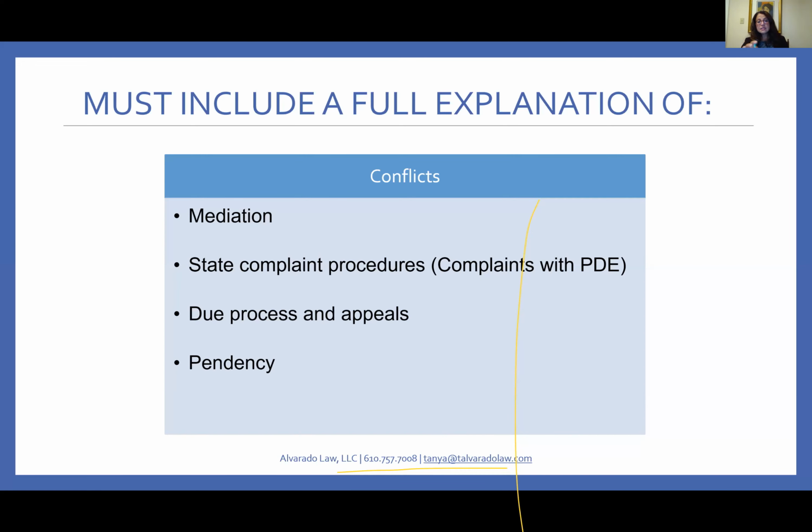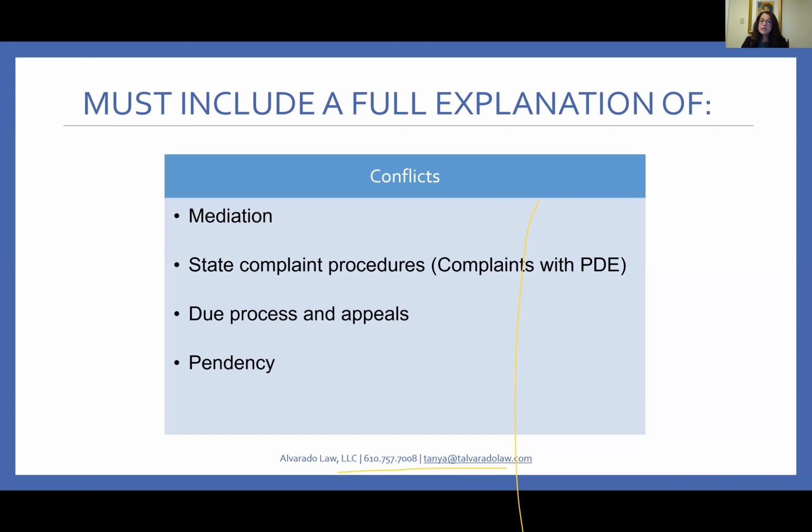And there's a portion in here that talks about what happens to your child if you're in one of these situations. So pendency really applies to if a school district is trying to take a service away or move your child to a different school, and you disagree with it. Those are the moments where I tell the parent they're supposed to give you a NORAP.